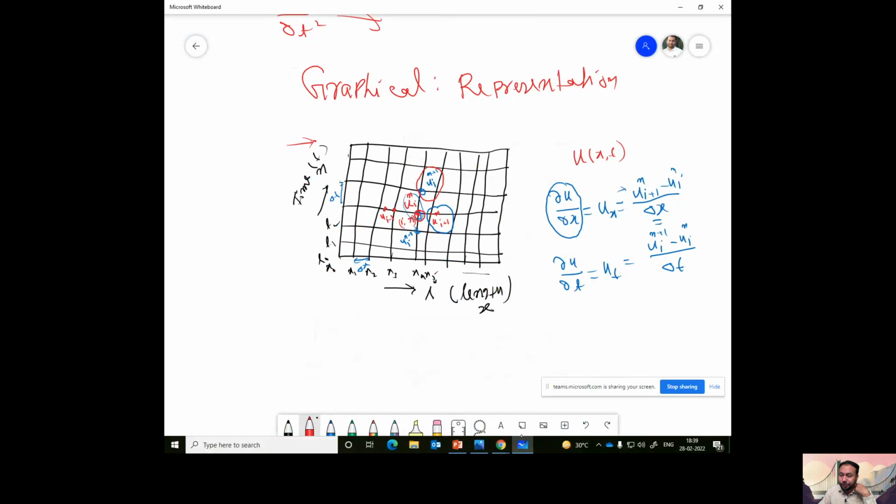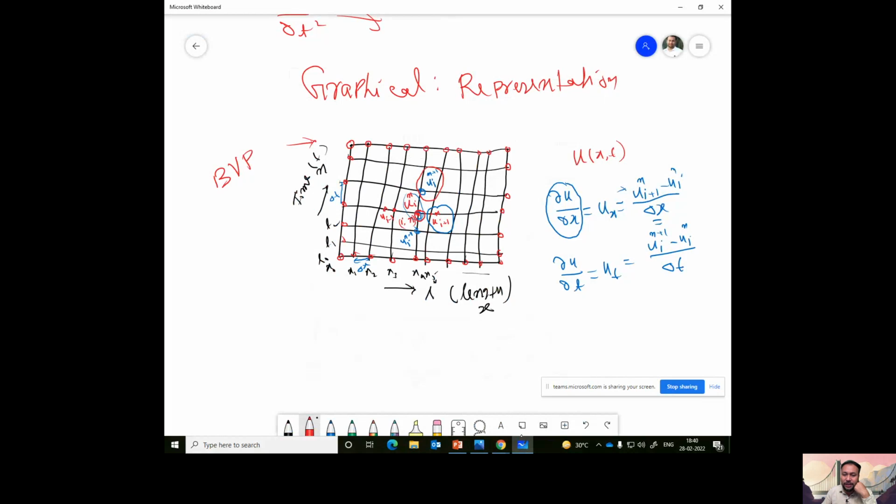Okay. Now, if I have the values at the boundaries of the grid points, where I have put the red circles here, here, here, here, and here, and these values are given to you, then this is called a boundary value problem, right?